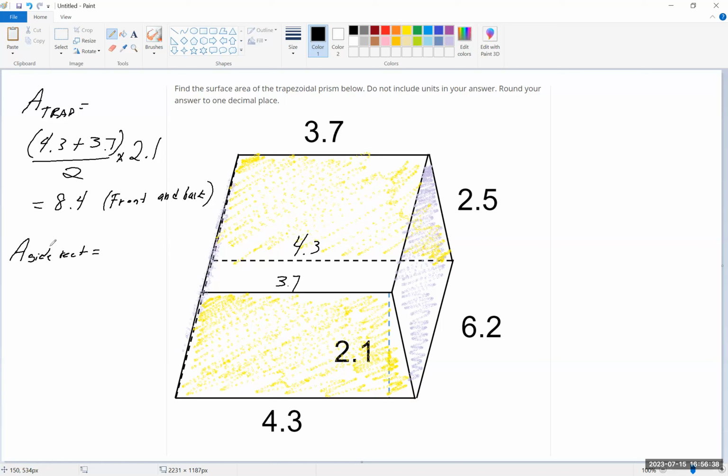And this one is pretty easy to compute because it's just 6.2, which is a base, times 2.5, or length times width. Okay, so that's going to be 6.2 times 2.5, 15.5.